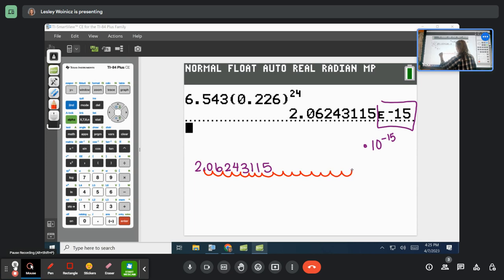Whoops, I went too far. Oh, shoot. I was just on a roll. Okay, and for each of those spots where we didn't have anything, we add a 0.